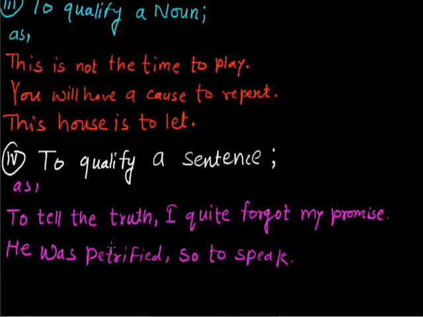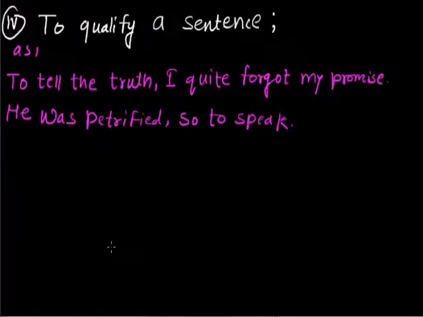One more thing to be kept in mind is that when the infinitive is thus used, it is called the gerundial or qualifying infinitive. It means whenever infinitives are used to qualify either a noun or an adjective or a verb or a sentence, they will be called the gerundial or qualifying infinitive.